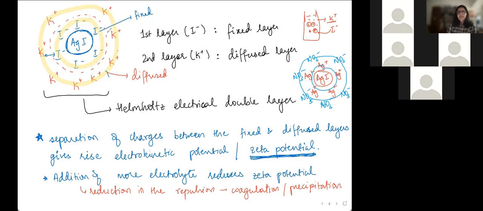If I add more electrolyte, let's say NaCl solution or anything else, the excess ions, like the Na plus, are going to attract the I minus ions and pull them out of here. Basically, it's going to neutralize whatever charges are around it. So their forces will be a lot more dominating compared to whatever adsorbing forces this particular particle has.